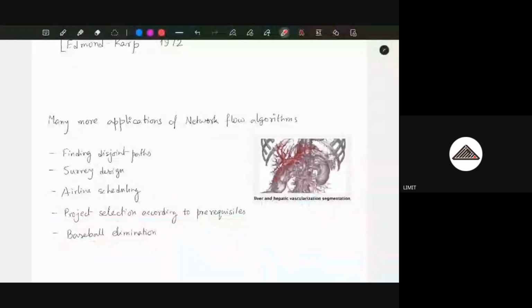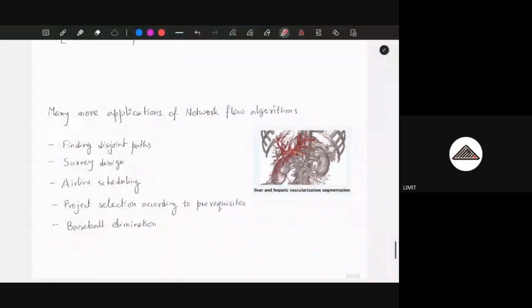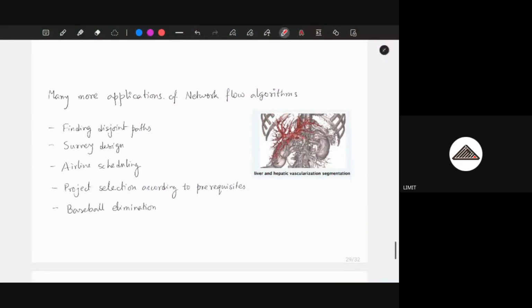After a certain number of matches happen, you want to know which of the teams won't qualify anyway. That you can find using this network flow algorithm. And one example that is very useful is the liver and hepatic vascularization image segmentation, that you can look up.